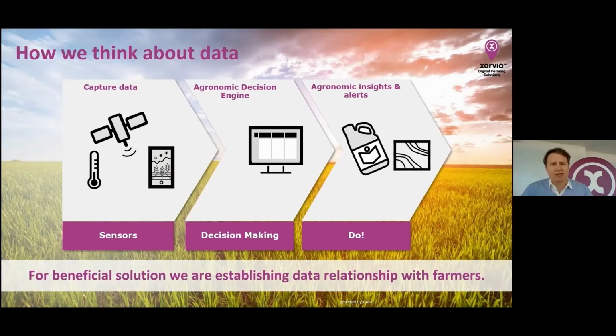And all these types of sensors are then used, and we bring this together in something we call our agronomic decision engine. It's not really only one engine, but it's at the end of the day a container of many rules which are connected but help us to make decisions. And these decisions are then in a third step translated into actions, so to help farmers field specific and field zone specific to do the right things.